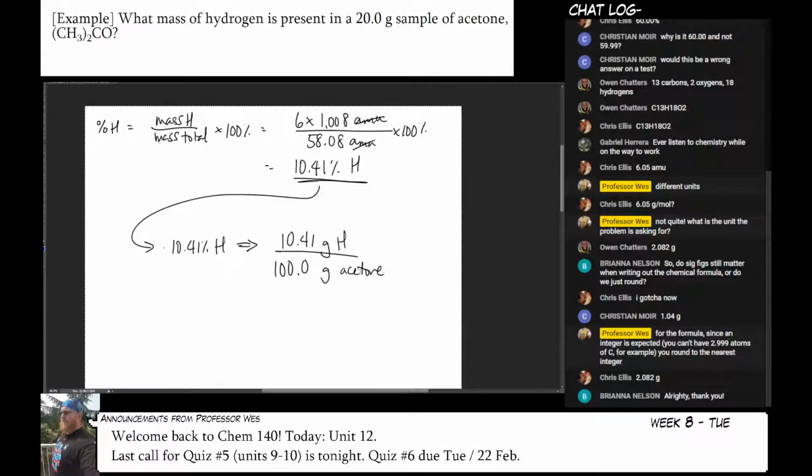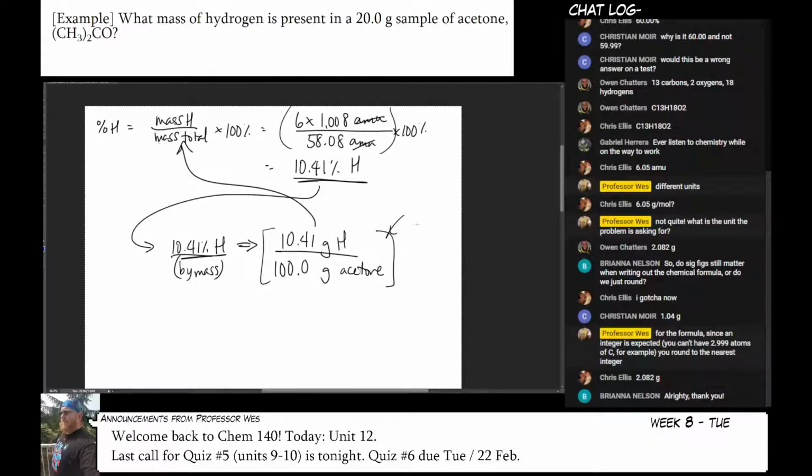That's a true statement, because that's what this means if this is by mass, right? In fact, if I put these numbers into the equation, I get the same thing out, yeah? I could also have written this, but this is more intuitive once we have the percentage.